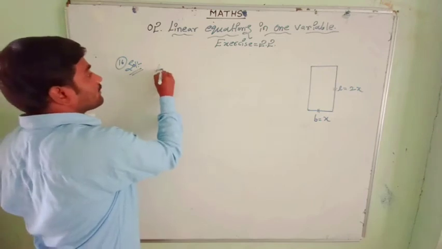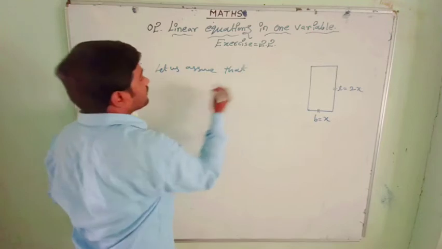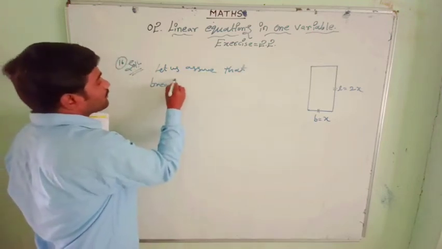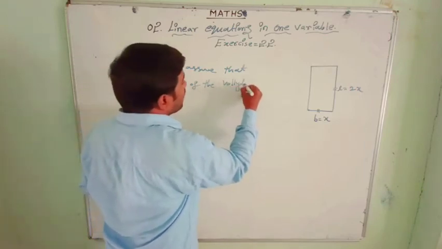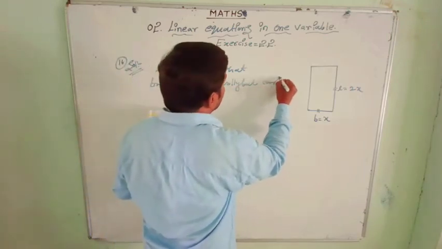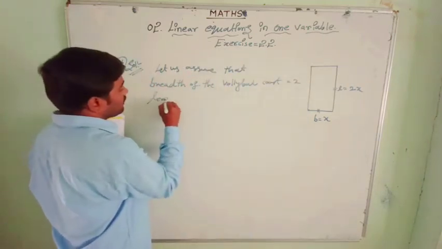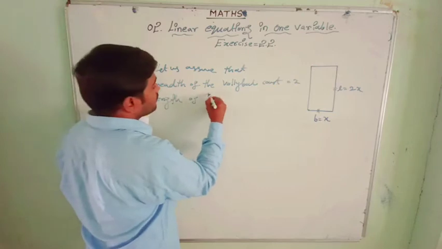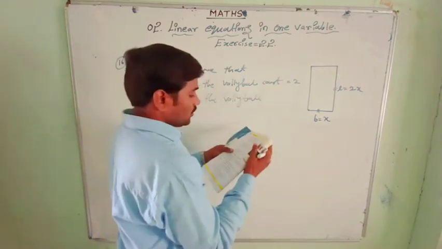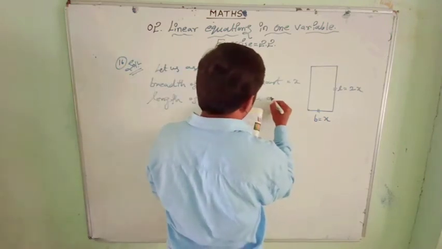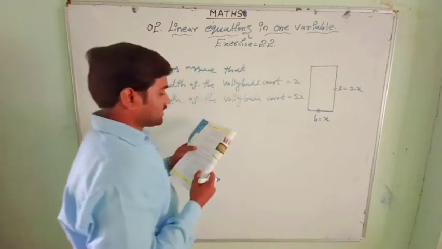So let us assume that the breadth of the volleyball court equals x meters and the length of the volleyball court equals twice the breadth, that means 2x.